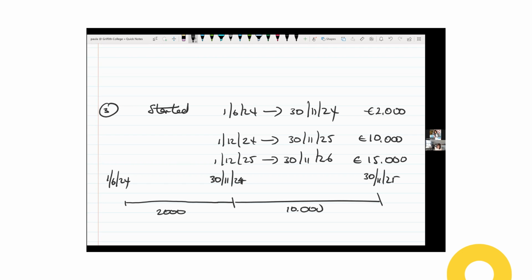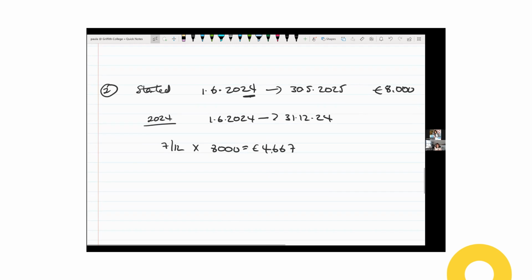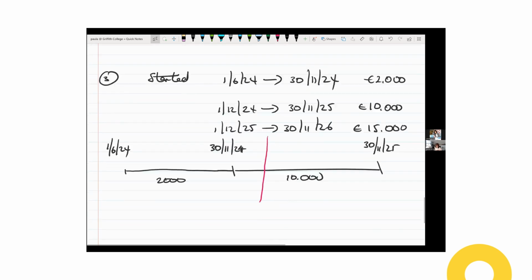The problem is that for the year of commencement, I need to take the profits that bring me to the end of the tax year. So I need all of the 2,000 plus an element of the 10,000, all of that 2,000, because all of that happened within the year. Up here, we had to apportion it because it straddled two tax years, but here you don't.